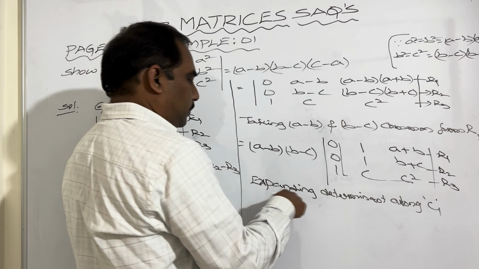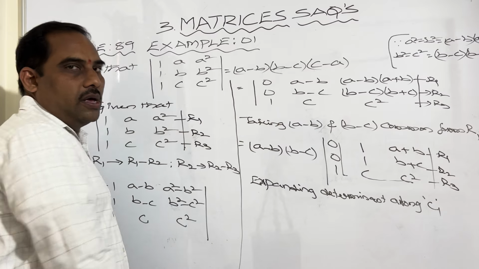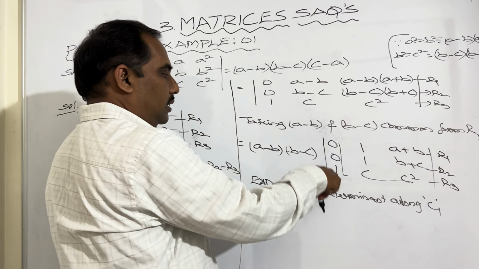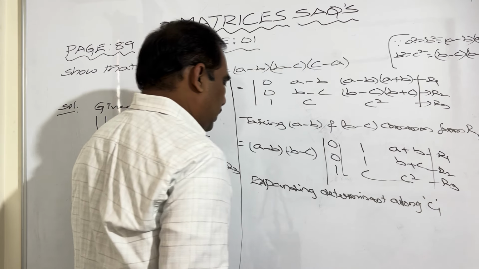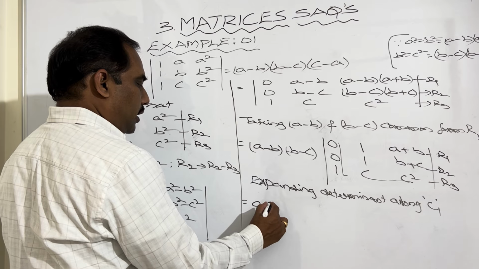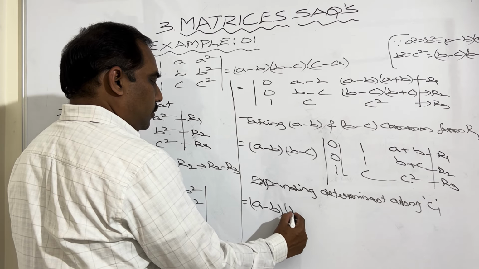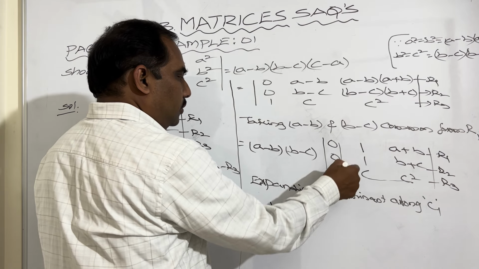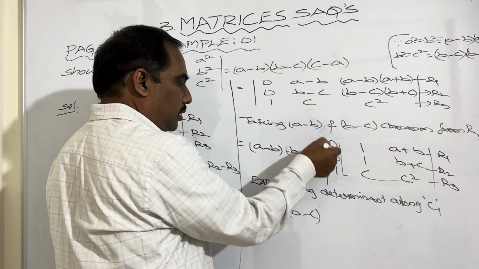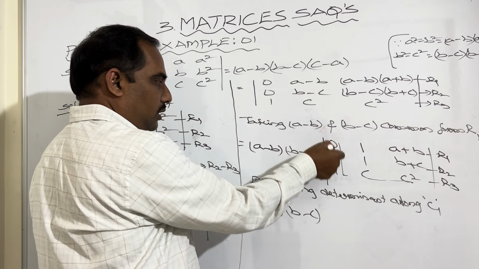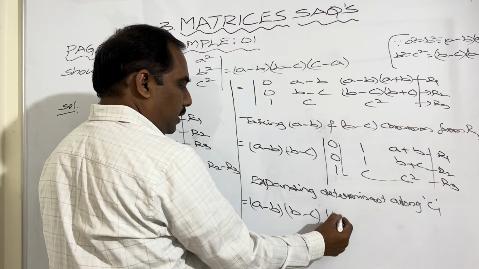Now expanding the determinant along C1, so C1 is deleted and R3 is also deleted. So we get here (A minus B) into (B minus C) into the last element along C1, what is it? It is 1.